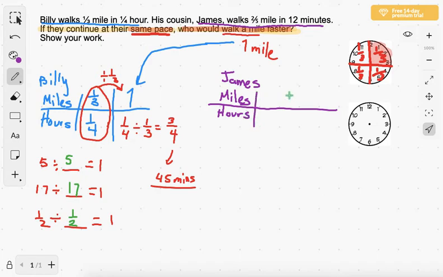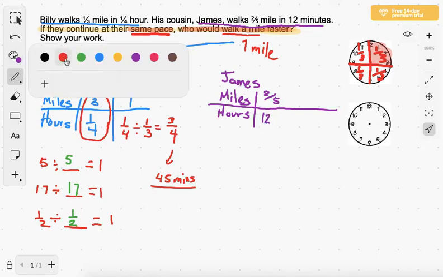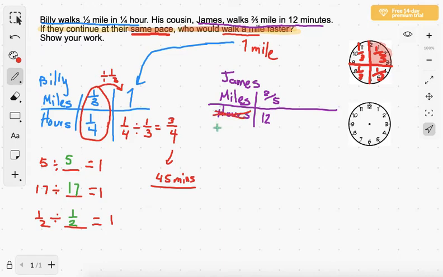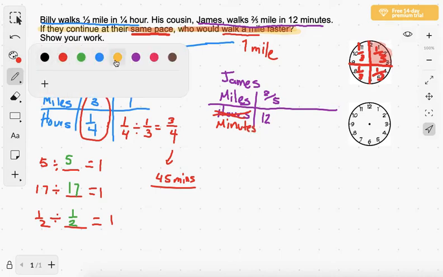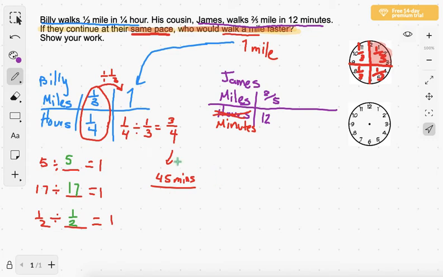We're specifically given 2/5 mile and 12 minutes. So I'm going to cross out hours and rewrite that as minutes, because I do not have hours and I'm working in minutes. For the other problem, I also had minutes over here, so we're going to keep it as minutes.